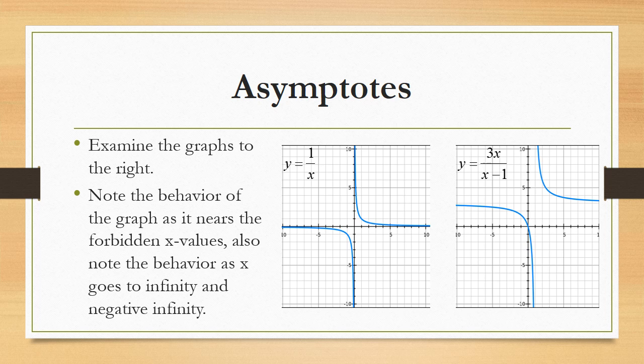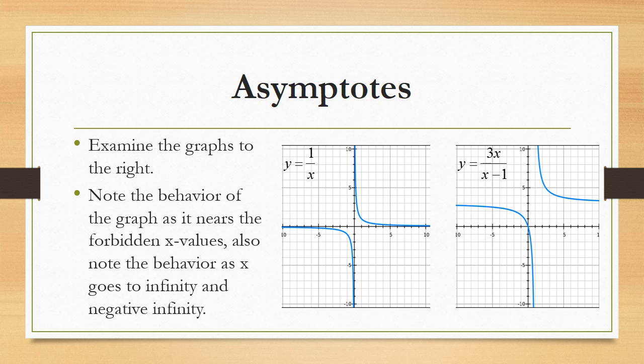For the first one, 1 over x, x is not allowed to be 0. So look at what happens as the graph gets closer to 0 from both the right and the left. Now remember, x equals 0 is the y-axis. So you're looking at what happens to the y values as the x values get closer and closer to the y-axis, or to 0.